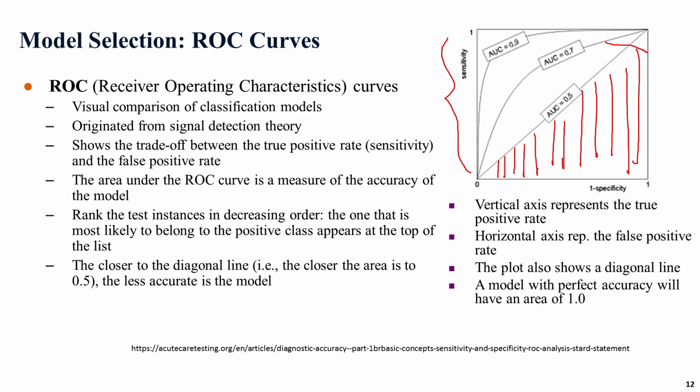And that one is actually higher. And the one with AUC equal to 0.9 is the highest among those.